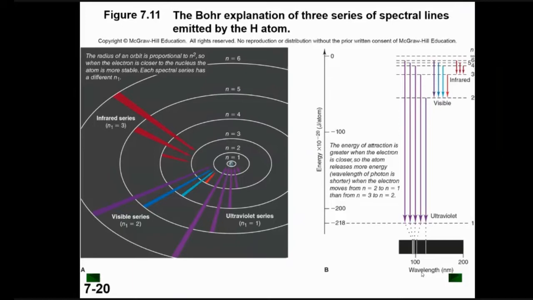And so when it matches up with the actual diagram on the right, we can see they're all dropping into the second. Anytime you see any of these emission spectrums, there are electrons dropping from a higher energy level into the second energy level. And then after that, the levels get too close together. So we can see that on the right-hand side.